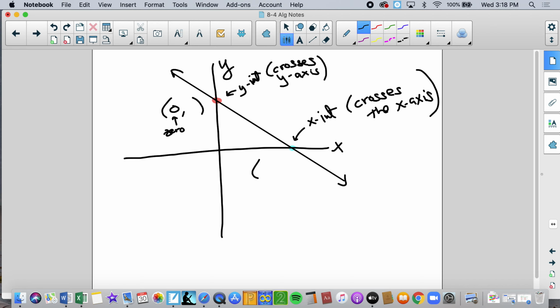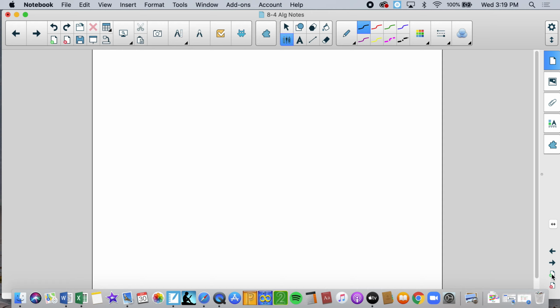And we know that the y value in the x-intercept will always be 0. We don't know what the x value is. We don't know what the y value is. In the y-intercept, we know it's positive because it's to the right, but we don't know what exactly it is. So that's going to be open depending on the line. And I'll show you what I mean by that.